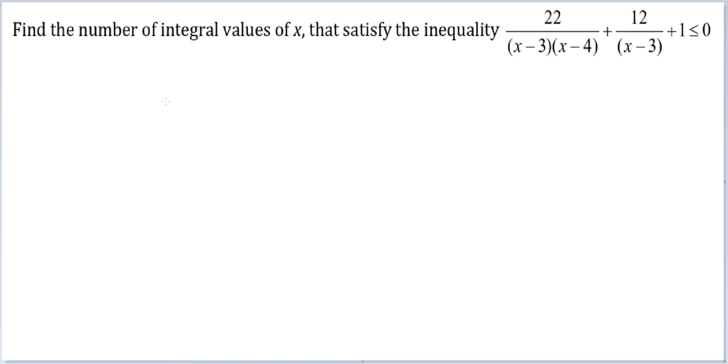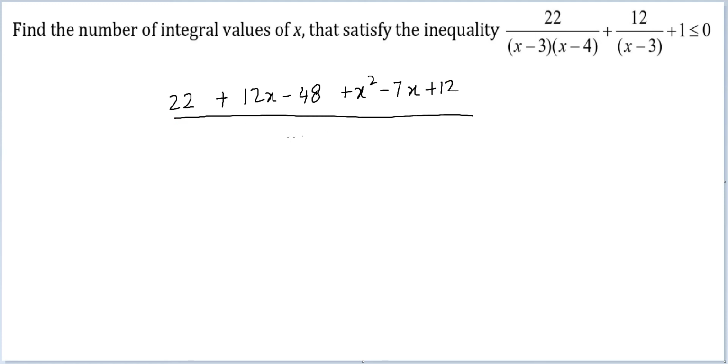The LHS I can simplify as 22 plus 12 times of x minus 4, so plus 12x minus 48, and these two terms with 1 plus x square minus 7x plus 12, whole thing divided by x minus 3, x minus 4, and this has to be less than or equal to 0.